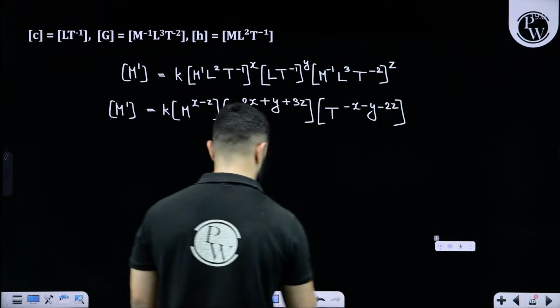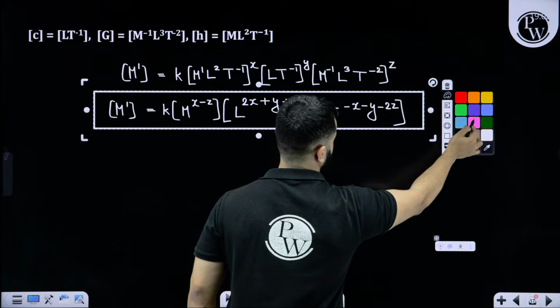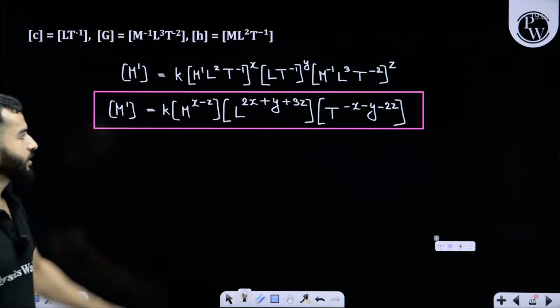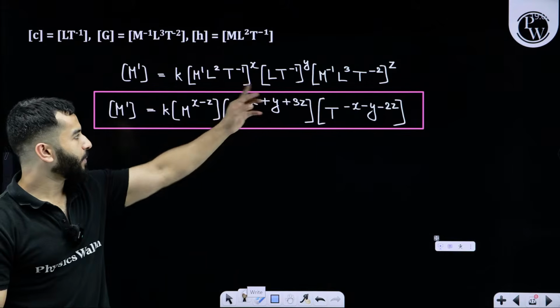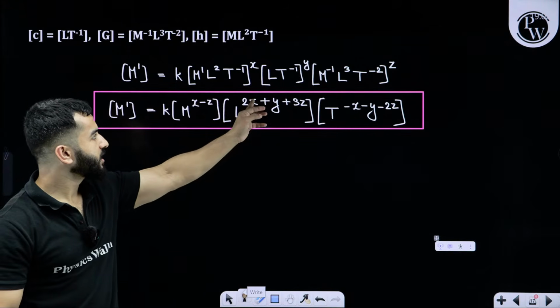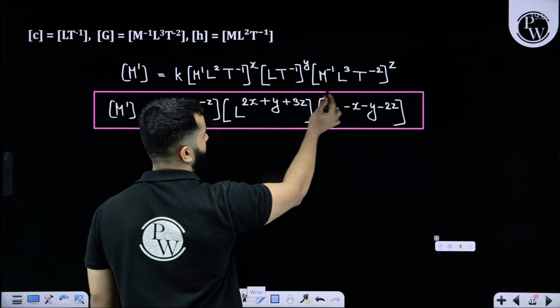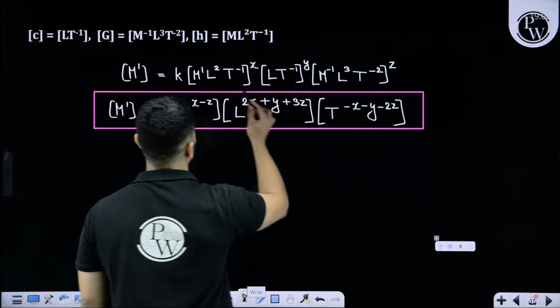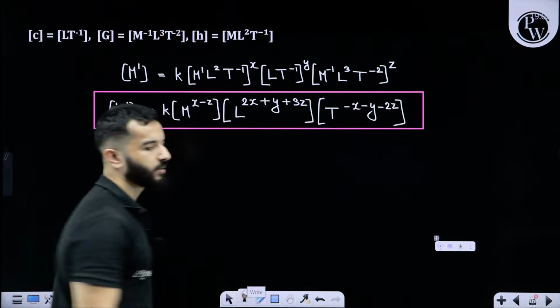Kindly note this point. This is an important step, right? Again, see, m to the power x minus z, L to the power 2x plus y plus 3z. Then for time, minus x minus y minus 2z.